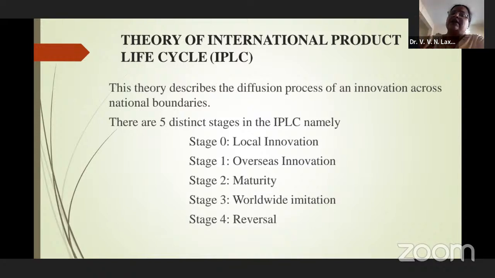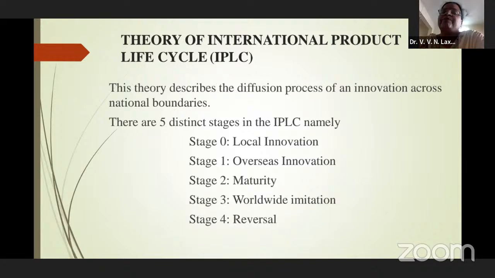Now, after the tape recorder, they thought, what else? They thought of a black and white television, and also tape recorders with speakers, woofers, and all. From black and white television, they went to color television. That is, as the markets are becoming mature, more and more models and more options are given to potential customers so that the penetration of the product in markets is more and more.